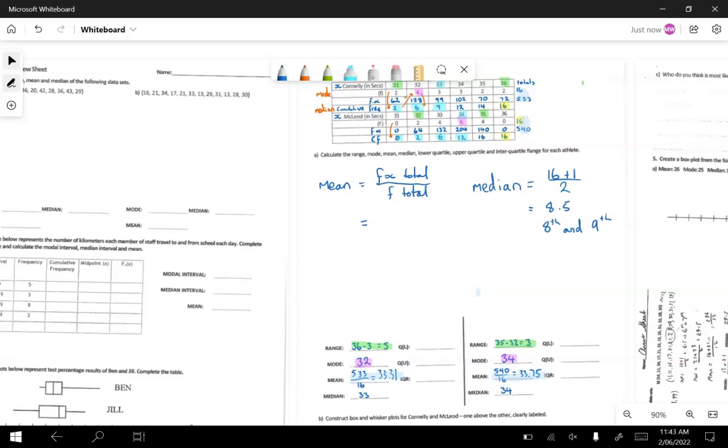But if you've got an even number, when you divide by 2, you'll get an answer like 8.5. You just go down half a number, up half a number, you get the 8th and 9th, if that makes sense, because 8.5 tells you you're sitting between the 8th and 9th. Does everyone feel happy with that as an explanation? Is everyone okay finding them in the table? I never know whether that's very clear or not.